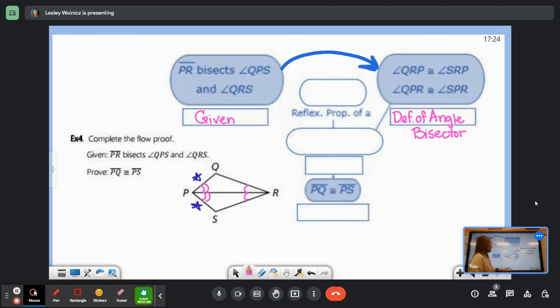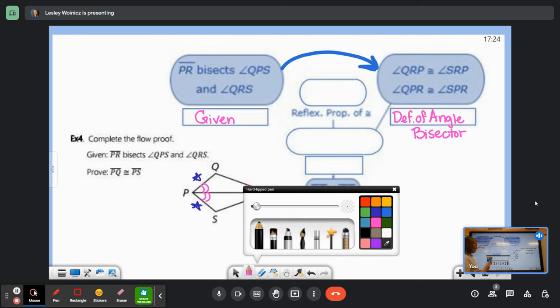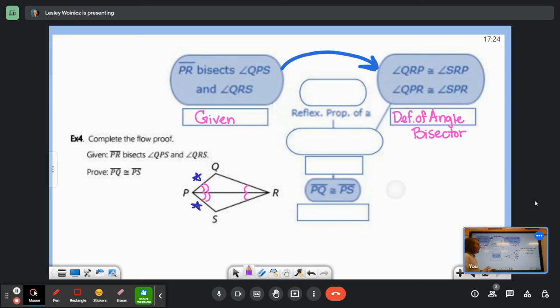Okay, so I have two pairs of congruent angles. I don't want another pair of congruent angles, because then I would just have angle, angle, angle, and that does not work for congruence. That just makes similar triangles, because the triangles can be different sizes and have the same angles. So I need a side.